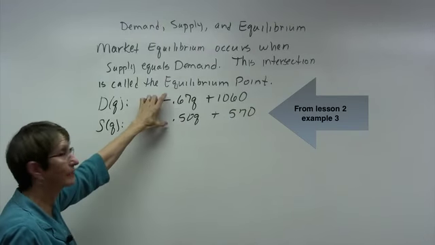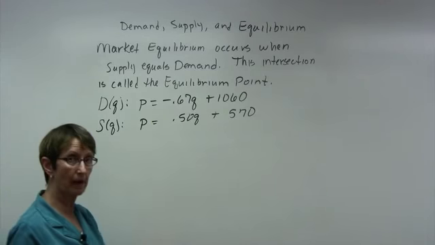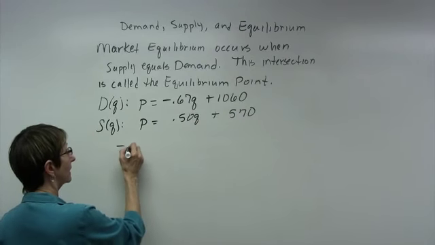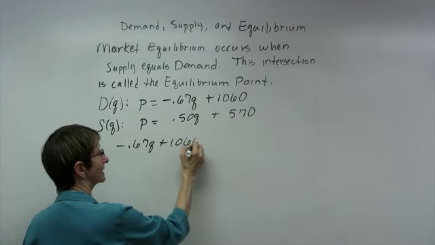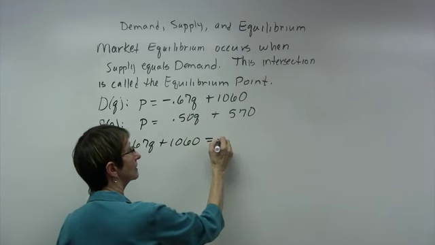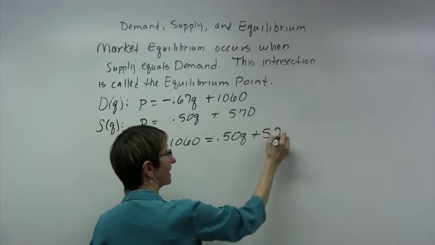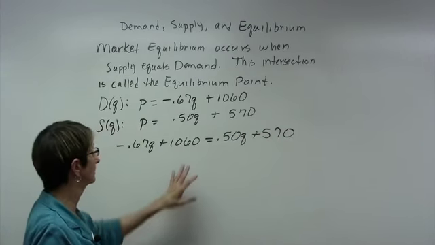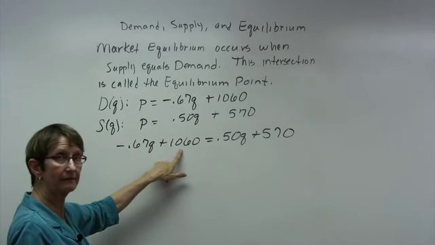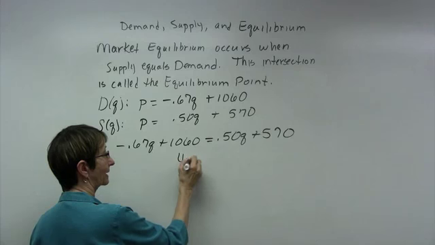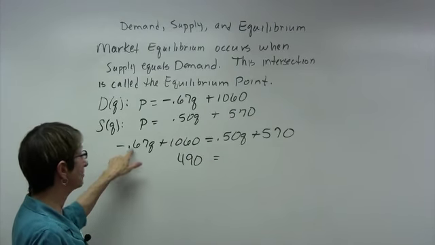We can distinguish between the two because demand has a negative slope, supply is increasing, has a positive slope. Negative 0.67 Q plus 1060 equals 0.50 Q plus 570.